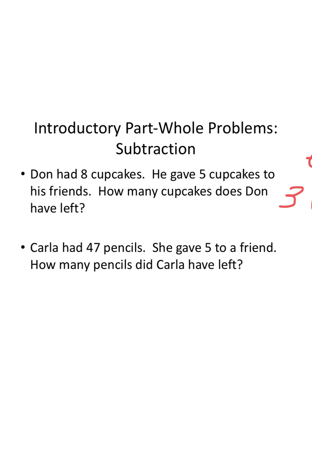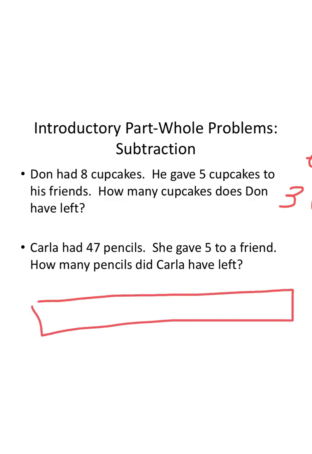Okay, Carla had 47 pencils. This is no longer an introductory because we don't need to make it concrete because we don't want to draw 47 pencils. So I'm going to label 47, and that would be my total. Or I could label it up at the top as a 47. And she gave 5 away.